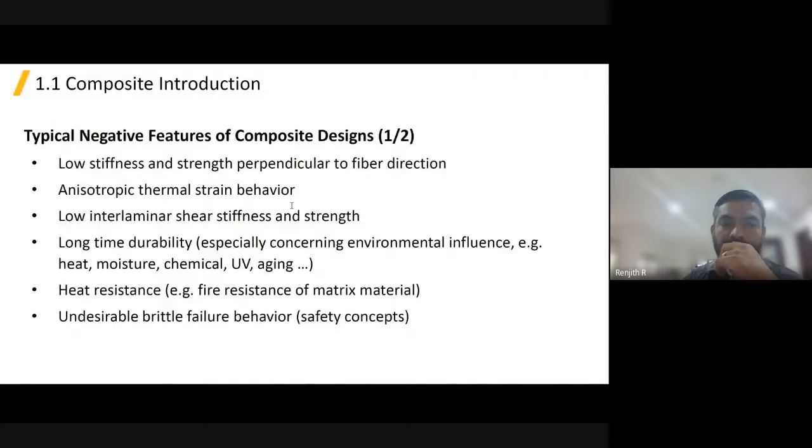And heat resistance is a major concern for fiber reinforced composites, because most of the time the matrix will be a polymer or epoxy, which is not good for heat resistant applications.